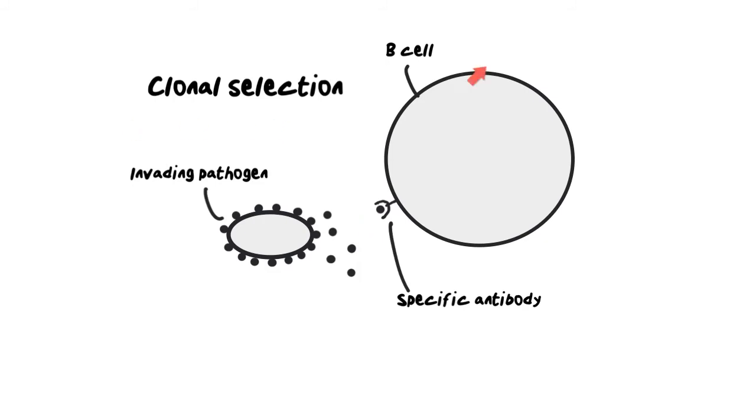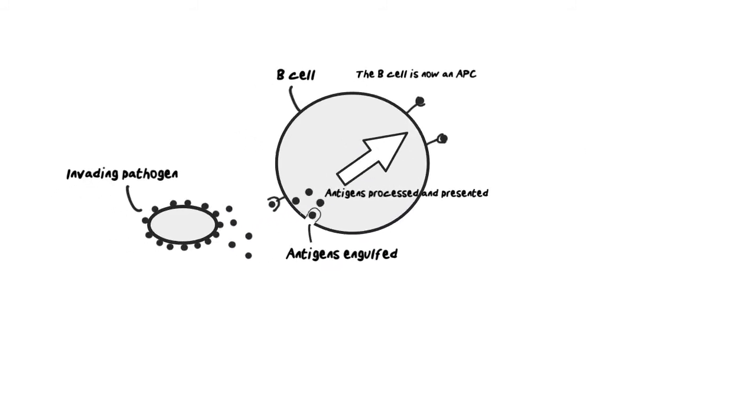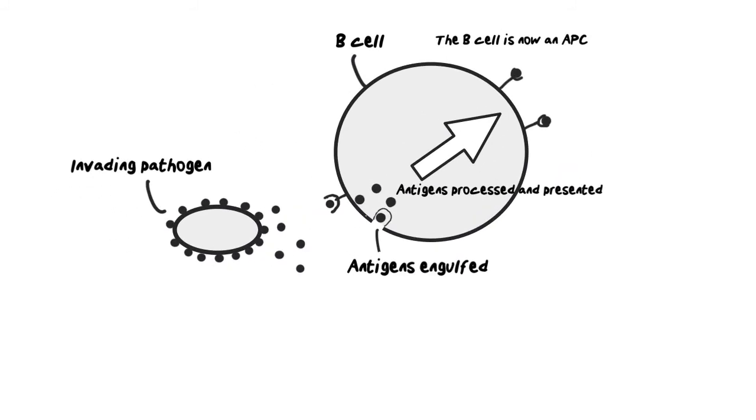Clonal selection. This B cell has been selected for. The binding of the antigens to the antibodies will cause the B cell to engulf the antigens. The antigens are processed within the B cell, and they are then presented on the cell surface. This B cell is now called an antigen presenting cell. It's presented the antigens.